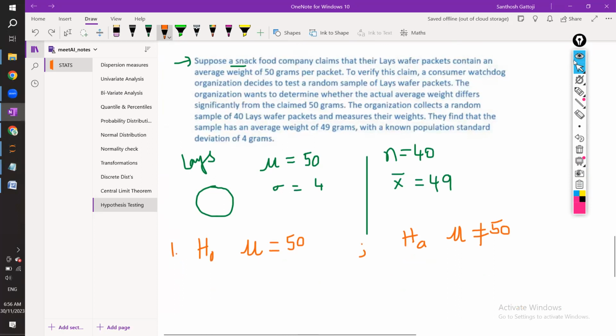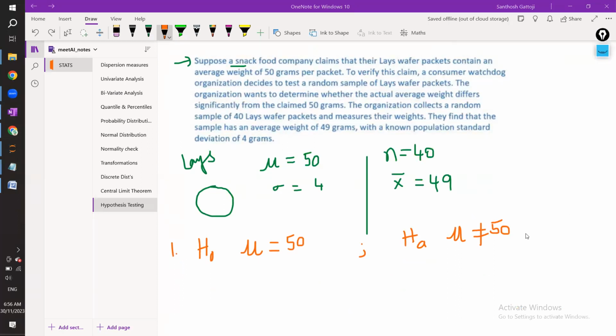Can you tell me in this situation which type of test we need to do? Our alternate is saying mu not equal to 15.